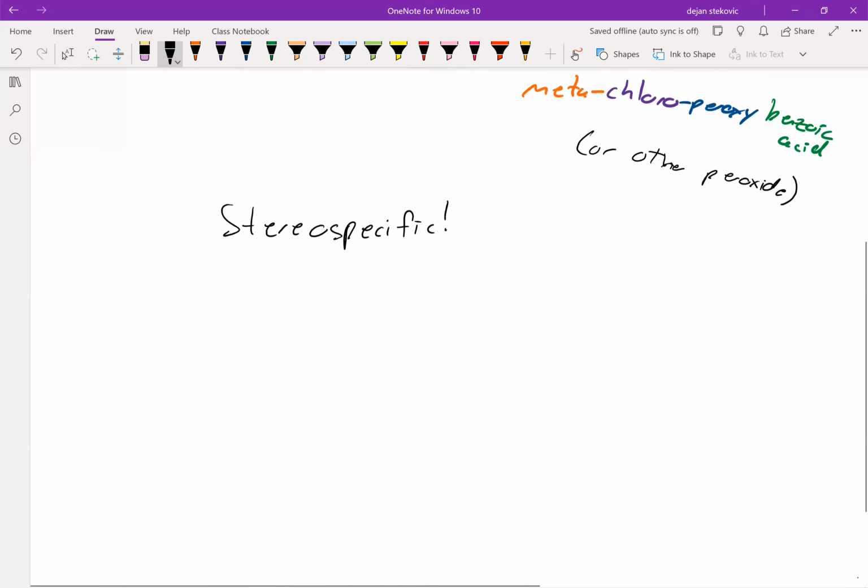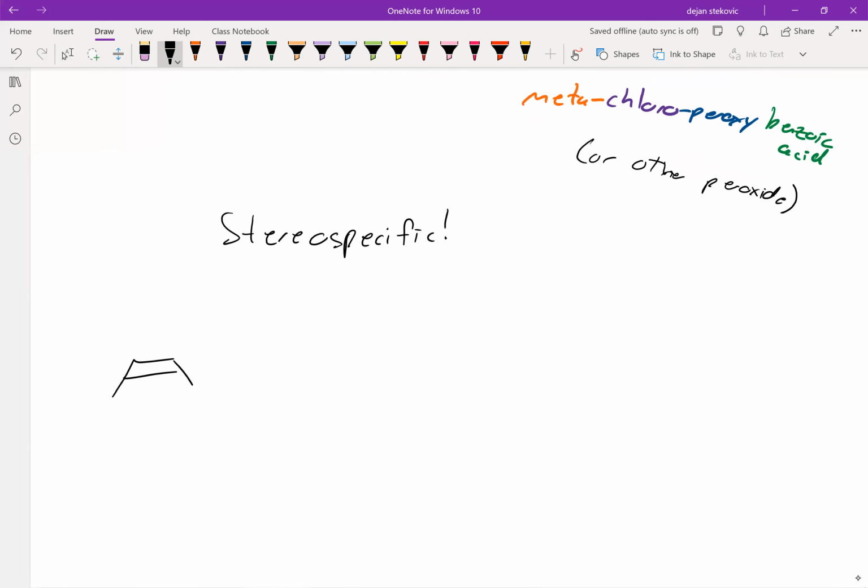Right, so depending on your reagents, you will only form one product because this epoxide gets installed in one step. So as you can see here, we have a cis alkene. We have two things on the same side. So what you'll end up doing is getting your two methyl groups on the same side as well. In this case, you only have one product because this compound is a meso compound.